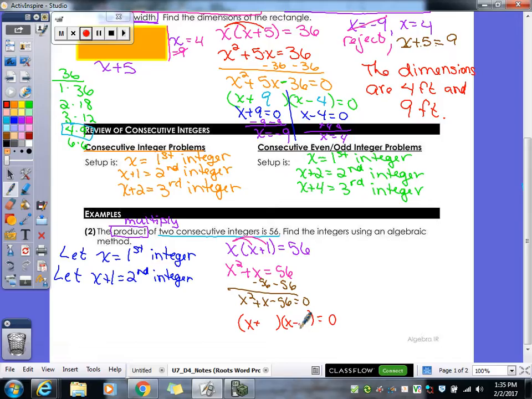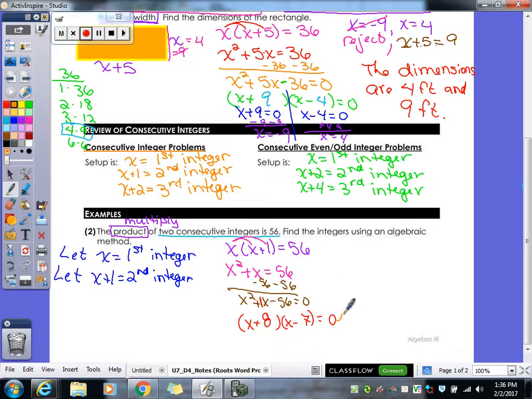We're just looking for 2 numbers that multiply to give us 56. 28 and 2, but we're trying to get a 1 in the middle. So 28 and 2 are going to be a little bit too far apart for us. So let's find some other ones. 8 and 7. Which one would be my positive? 8. And then my 7 would be negative.